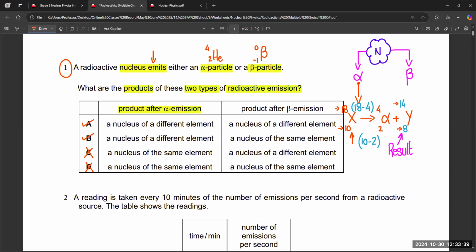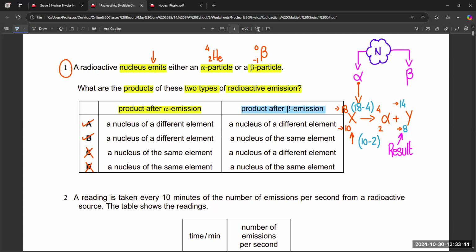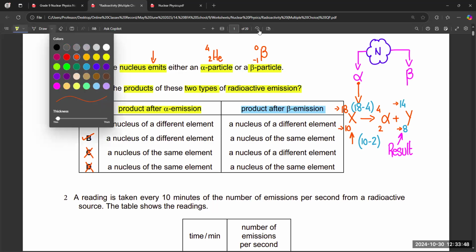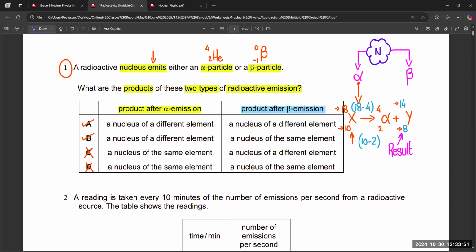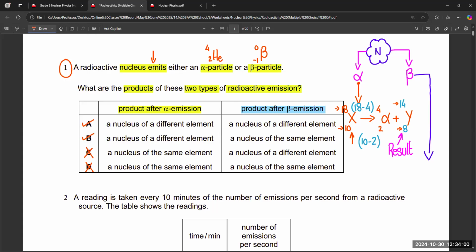Now, if we consider beta, we need to perform the same process again. For beta, let's suppose we consider the same element X, 10, 18, -1, 0.